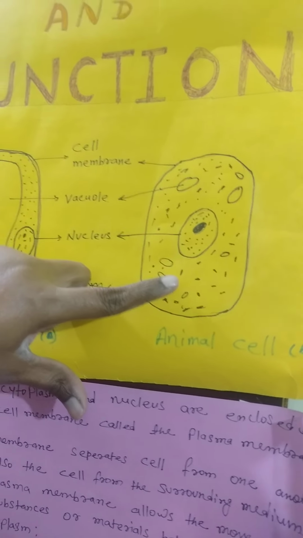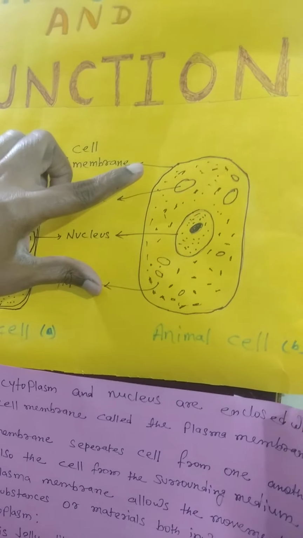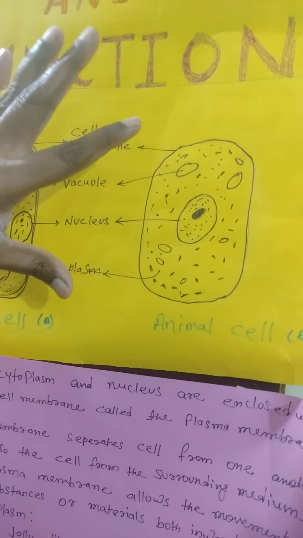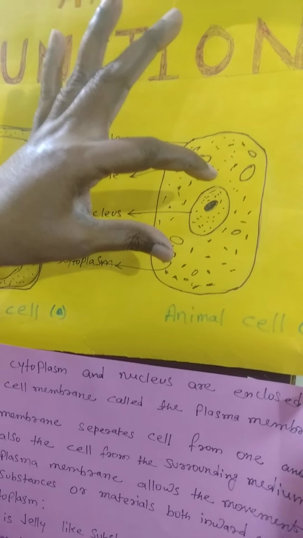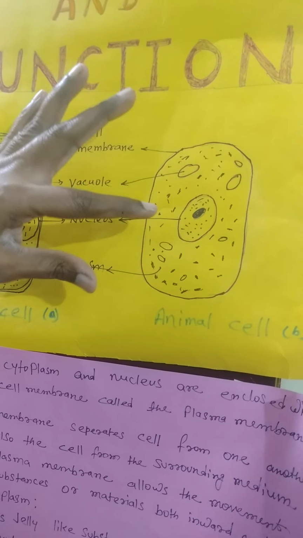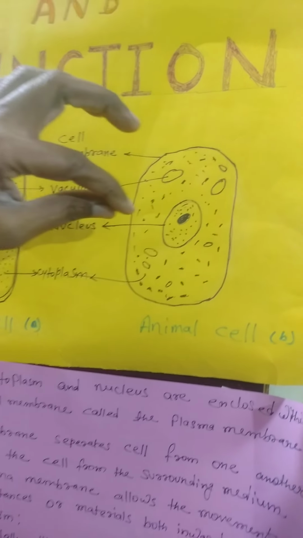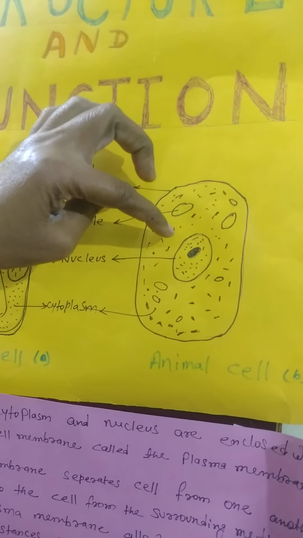Clear? Okay. It can be stained and seen easily with the help of a microscope. When we want to see the nucleus, we can take a microscope and easily find that the nucleus is in the center place. The nucleus is separated from the cytoplasm by a membrane.